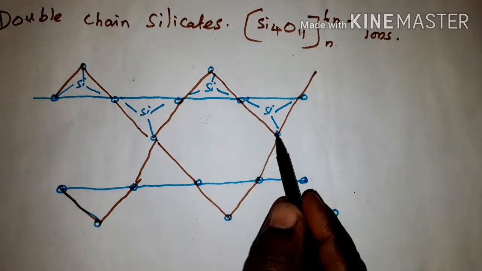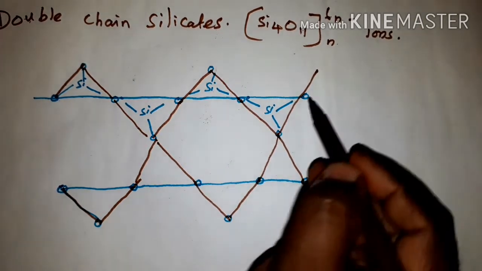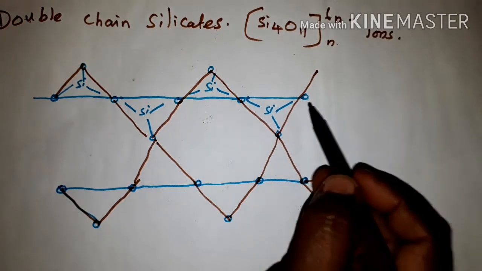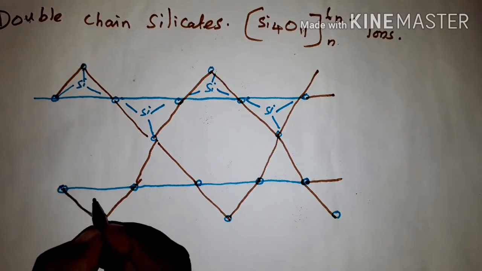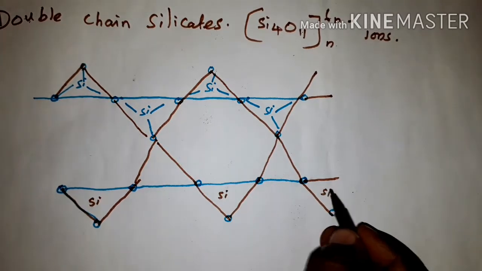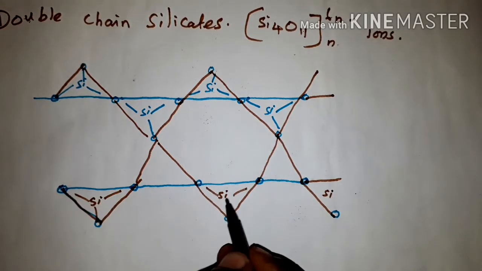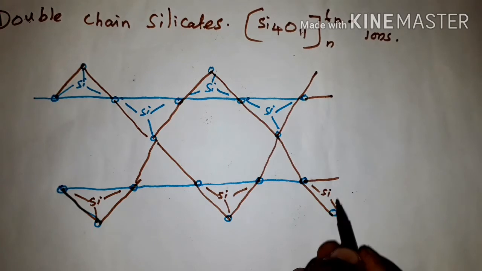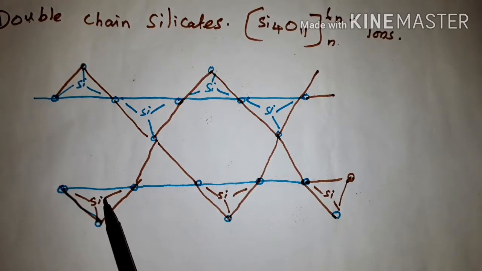Join these two oxygen atoms, then make a link. Now this line will go like this, and in between write the silicon atom, then here silicon atom. Make a link. So this is the structure of double chain silicates.